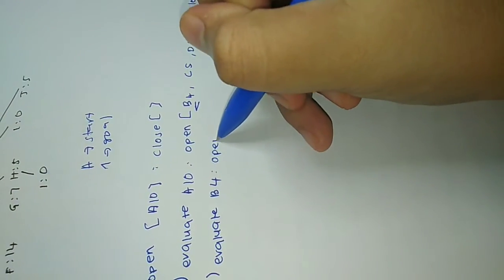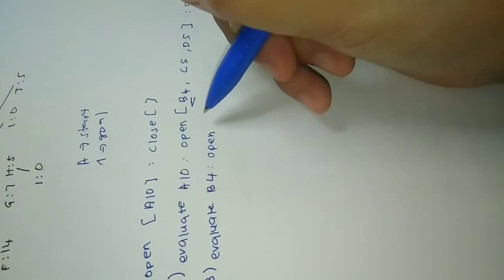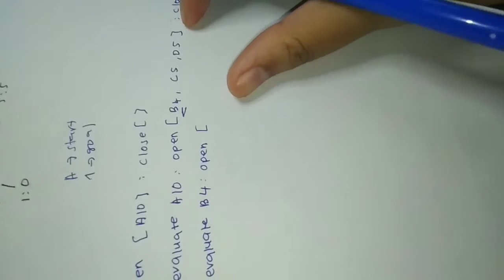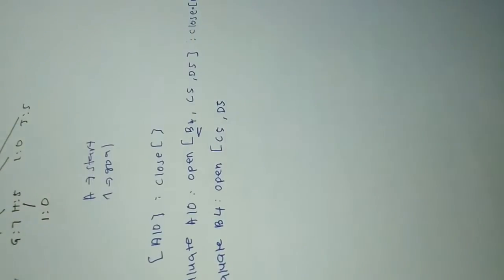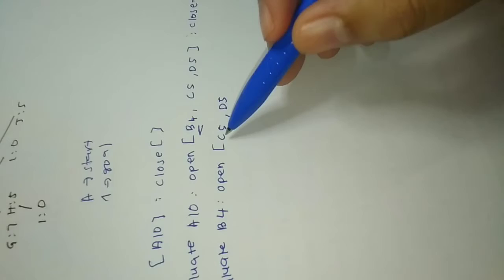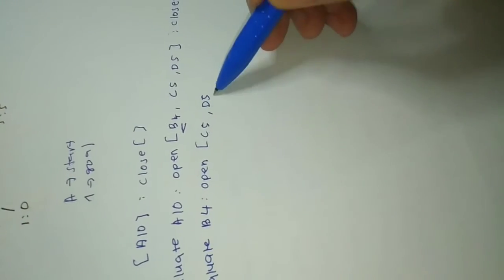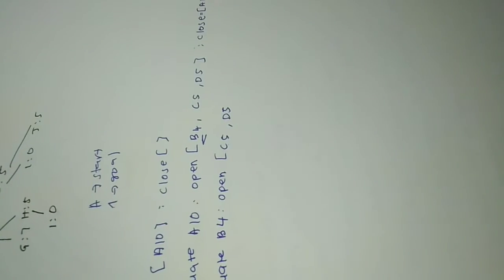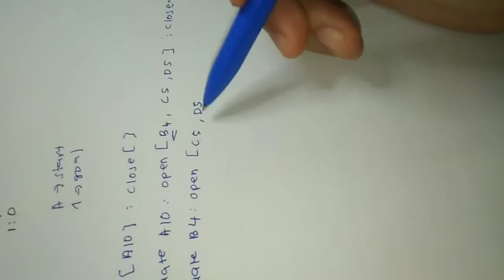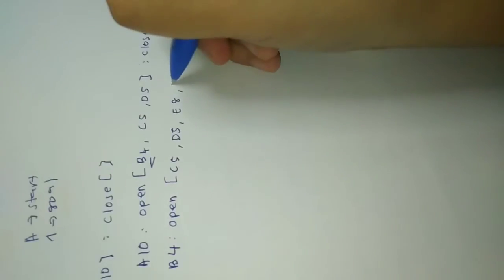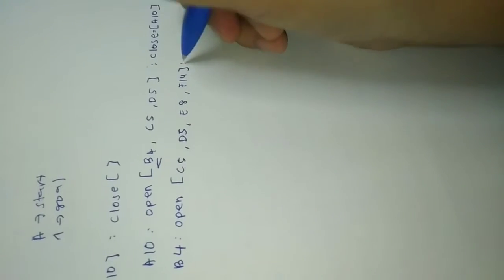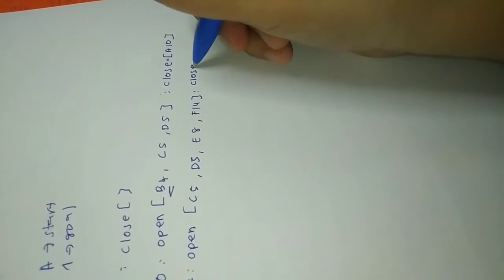So when you open E8 and F14, you have to follow the sequence of the numbers, so C5, D5. Oh, side note, if you have the same number, C5 and D5, then you look at the alphabet to see which comes first. So in this case, we are going to write down as is, E8 and F14. Then we can close it.